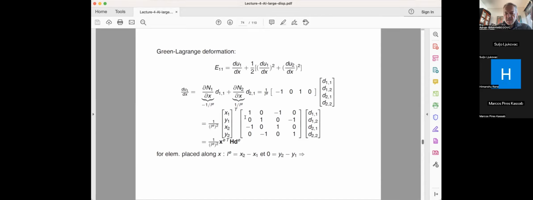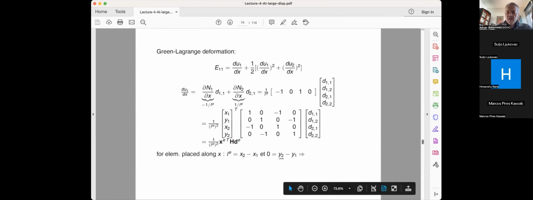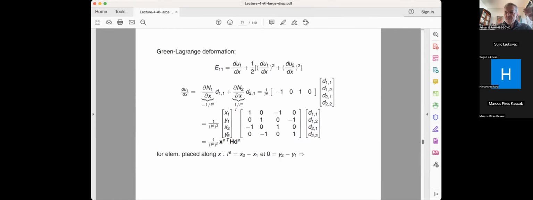So I can write this in the chosen coordinate system where x is placed along the x of the bar, where L is equal to x2 minus x1, and the difference between y2 and y1 is equal to 0 because both of them are 0. Initially, I'm talking about the element which is placed along the x-axis. So I can write it as x_E transpose, where x gathers all the coordinates of two nodes: for node 1, x and y, and for node 2, x and y.